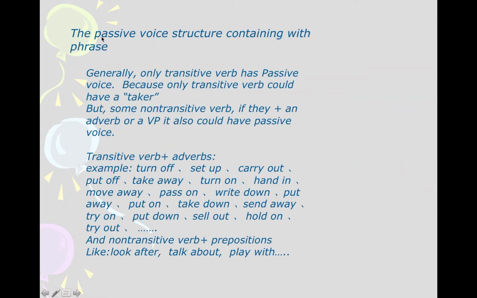So the passive voice structure contains verbs. This is the hard part. Generally only transitive verbs have passive voice. I hope you guys know what a transitive verb means, because only a transitive verb can take an object.